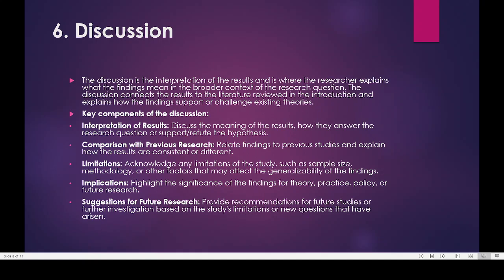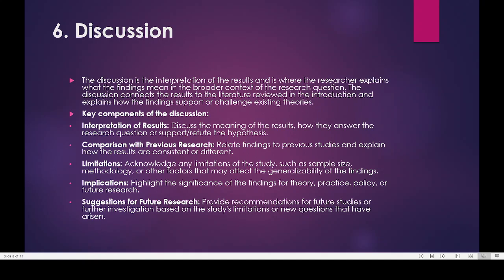Now in the result, you have found 150 species of birds. 50 is an extra, and about that extra, you will be giving a valid explanation or your own opinion on how that 50 extra species is significant. So these are the important aspects which we will be discussing in the discussion section.